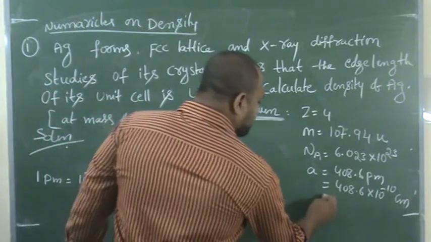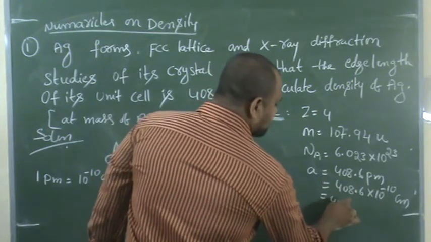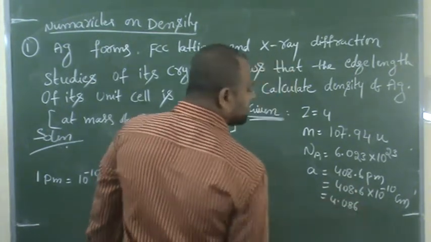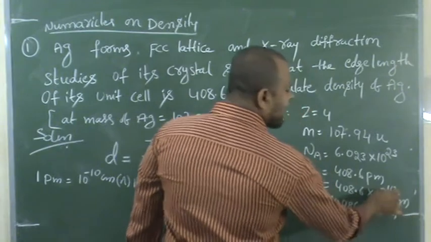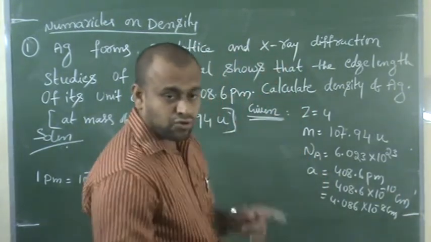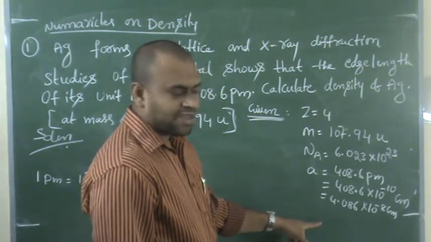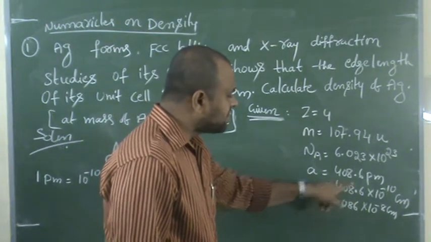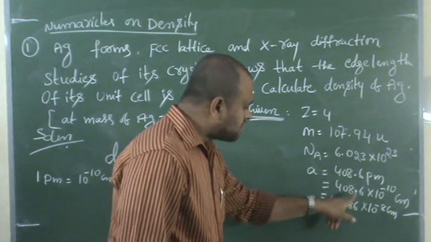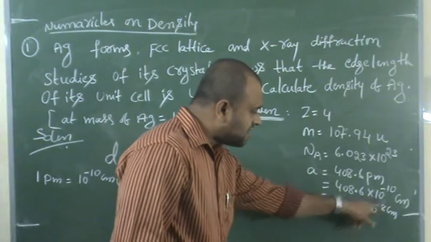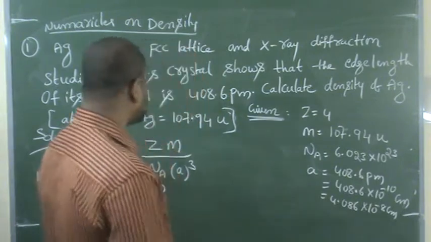Moving the decimal point two places to the left, the negative power decreases to minus 8, as we studied in first PUC basic concepts of chemistry. That is 4.086 into 10 to the power of minus 8 centimeters.